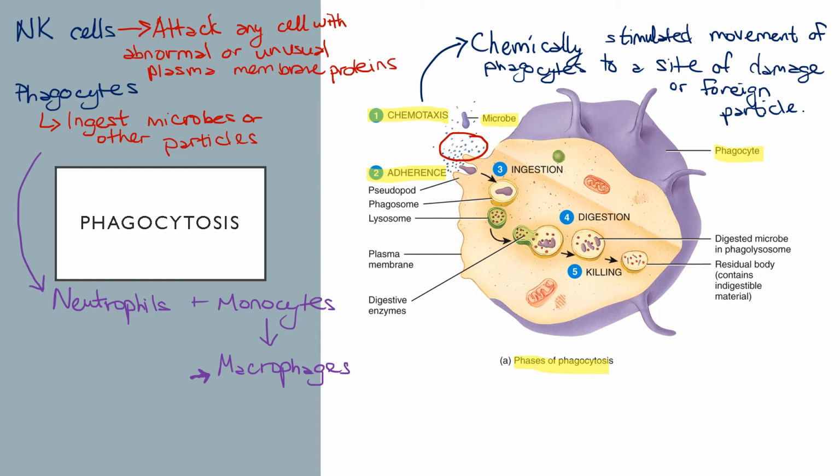So we can add this here: complement protein enhances this step. We'll learn more about complement later, but these are specific proteins that can bind to the microbes and enhance adherence.